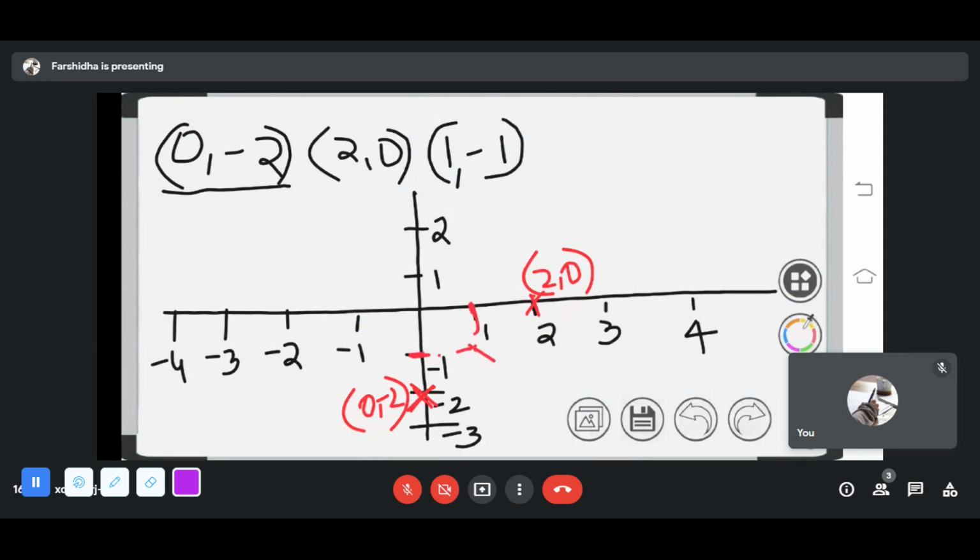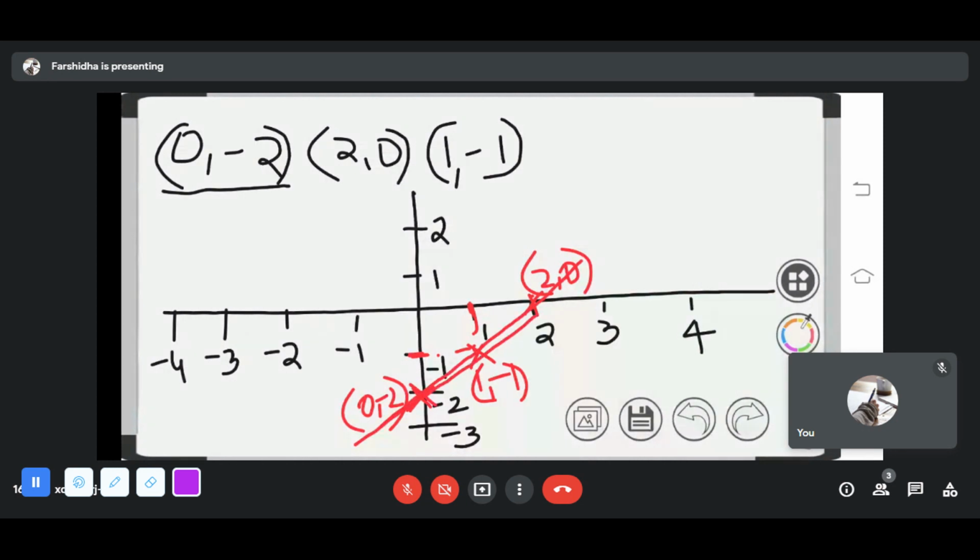So this is your third point. So you can join these points and you'll get a straight line. Same way for the next one.